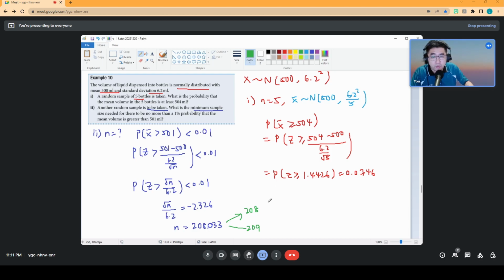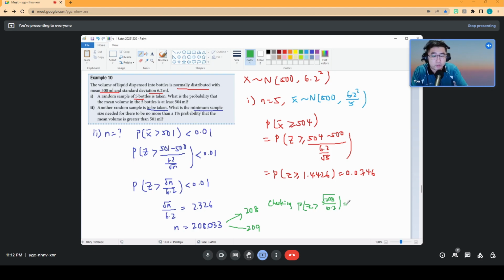So we can maybe do checking of P of Z greater than, this is a positive value, square root of 208 over 6.2.